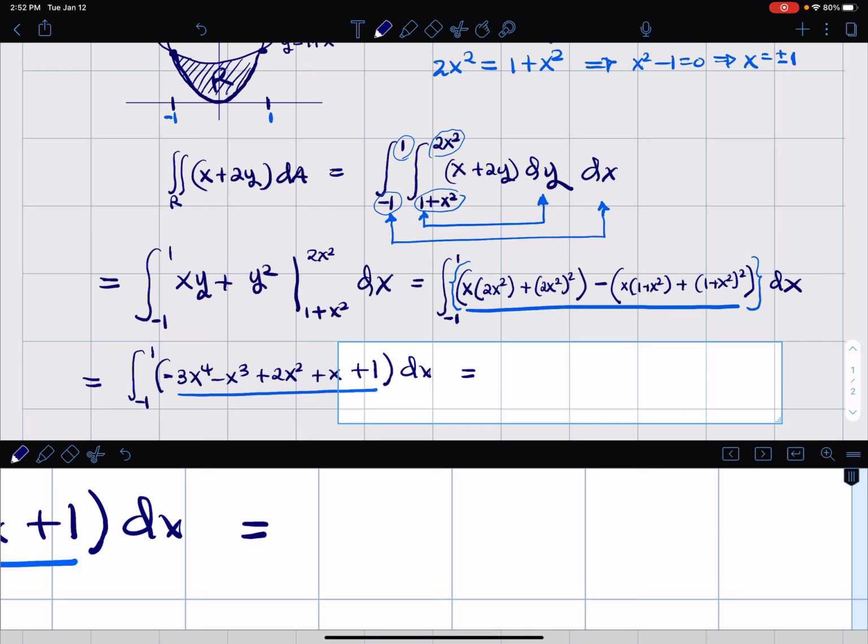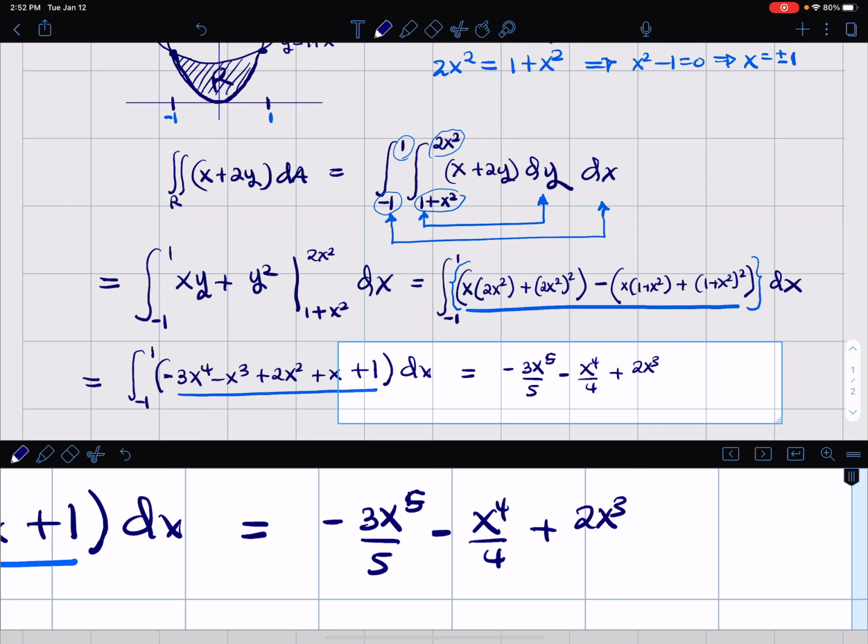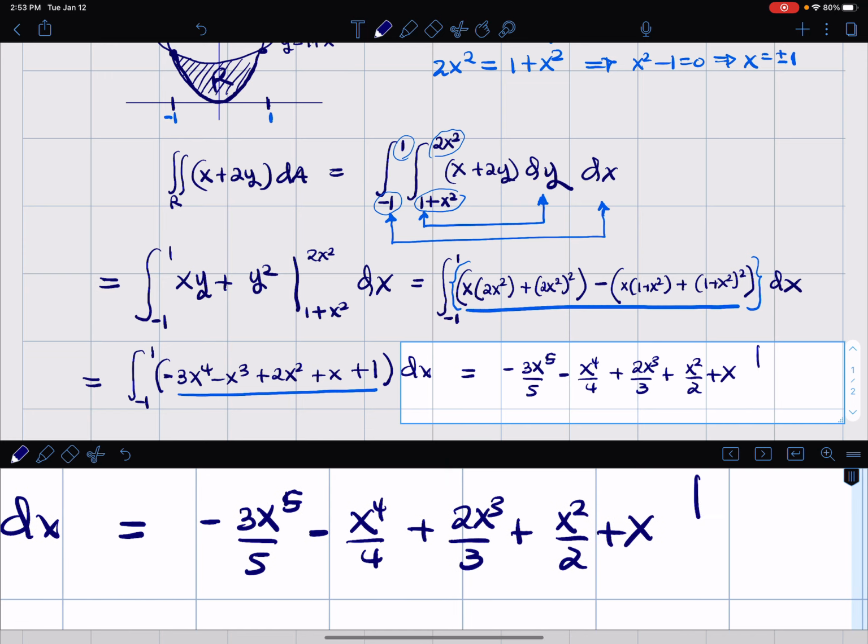You have your dx. Find the integral with respect to x. The antiderivative is negative 3x to the fourth, x to the fifth now over 5, minus x to the fourth over 4, plus 2x cubed over 3, plus x squared over 2, plus x. And then you're going to plug in negative 1, plug in 1.